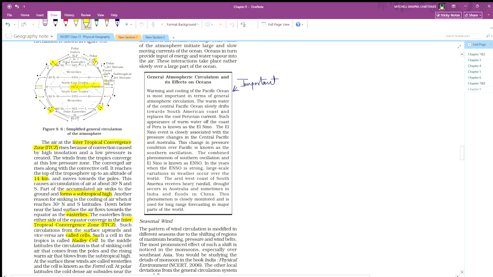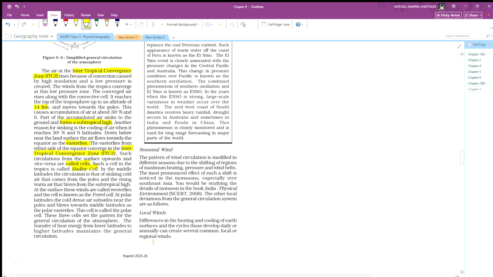Now one more is the Ferrel cell. It comes under the middle latitudes. The circulation consists of sinking cold air coming from the poles and rising warm air that blows from the subtropical highs. At the surface, these winds are called westerlies.